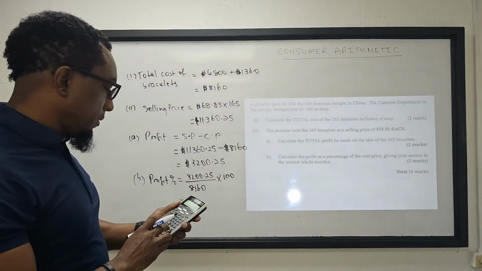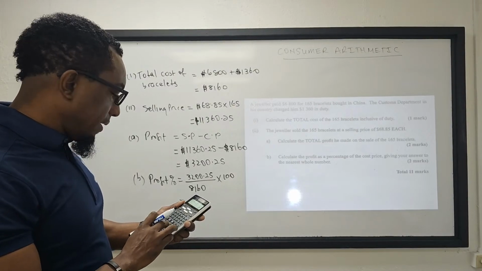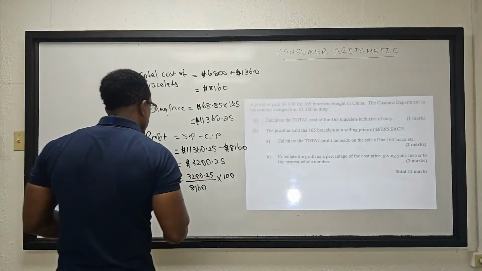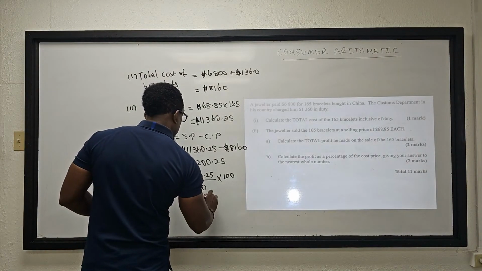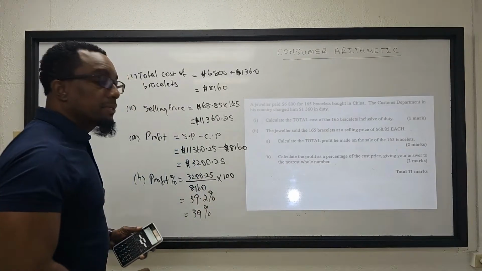So we're going to get 38.8% or 39% to the nearest one.